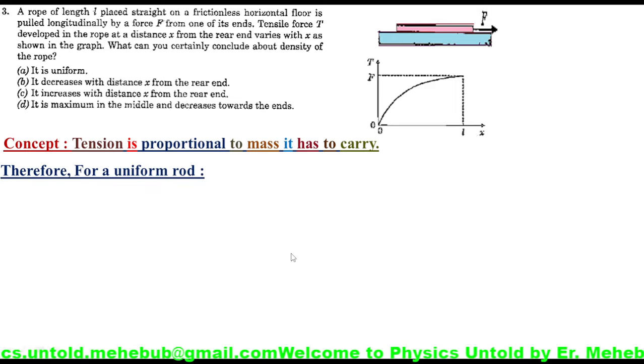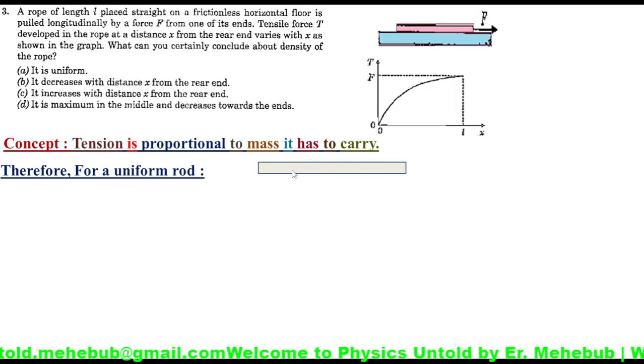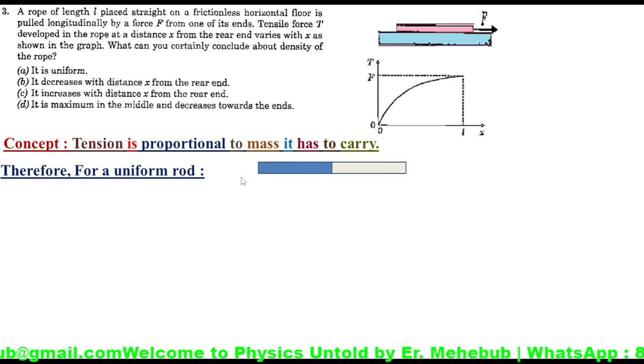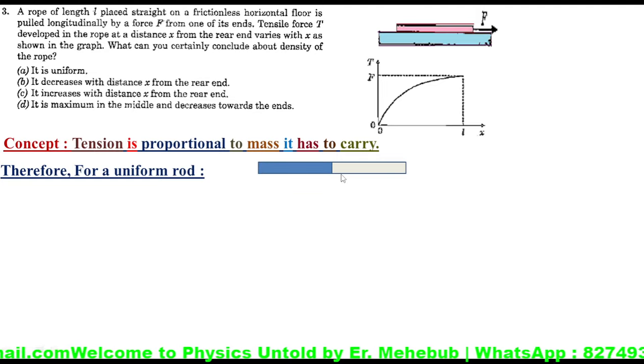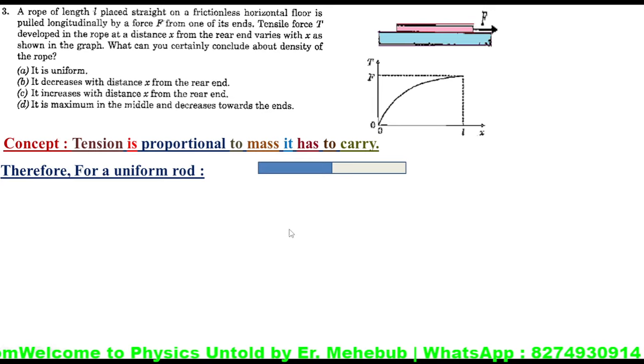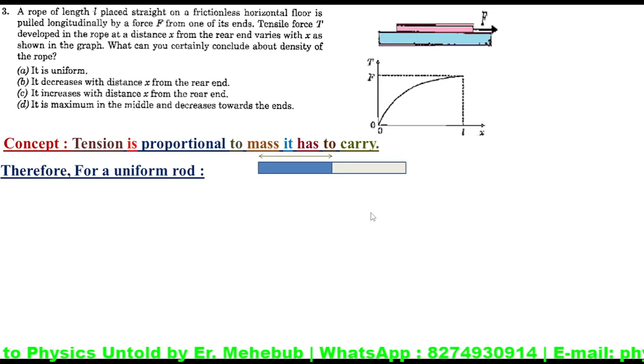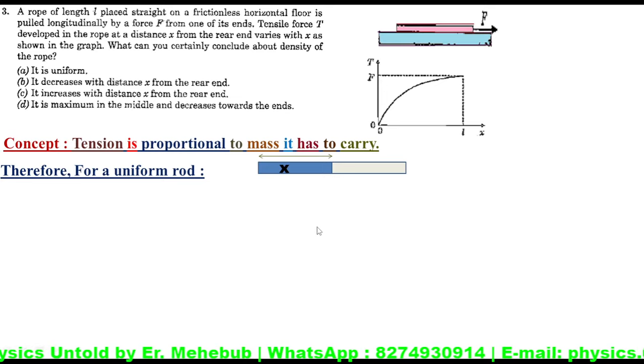This portion is indicating a uniform rod, and if you take a small slab from this uniform rod from the rear end, and this is the front end where the force is applied, let the distance of the segment be x.